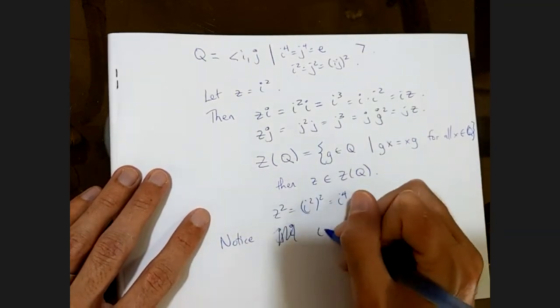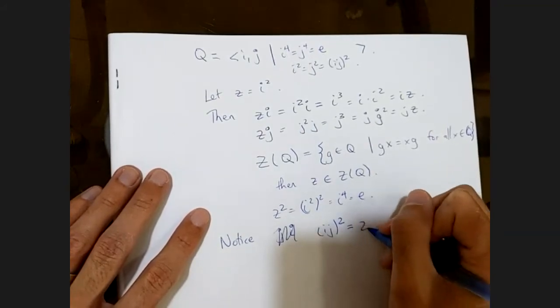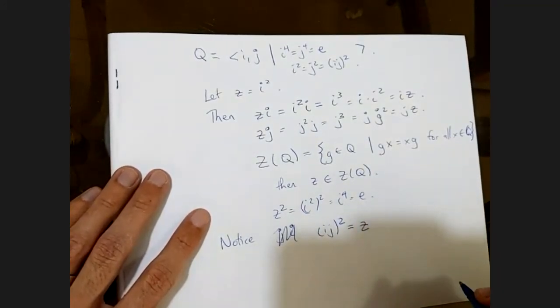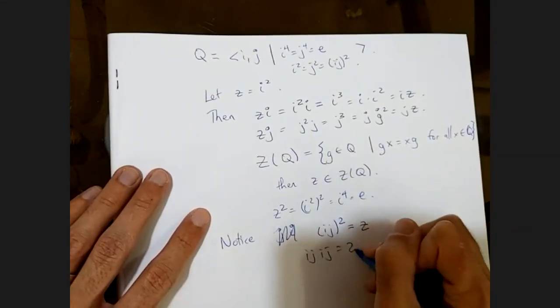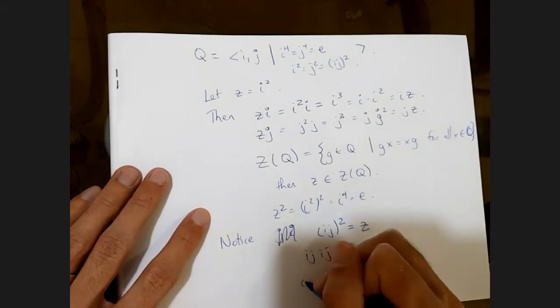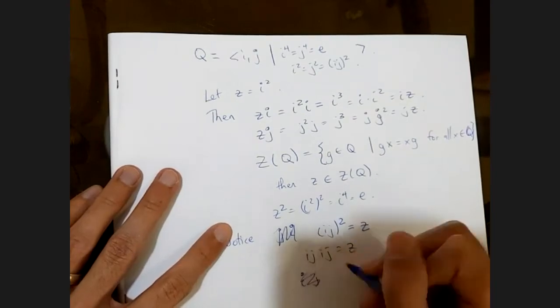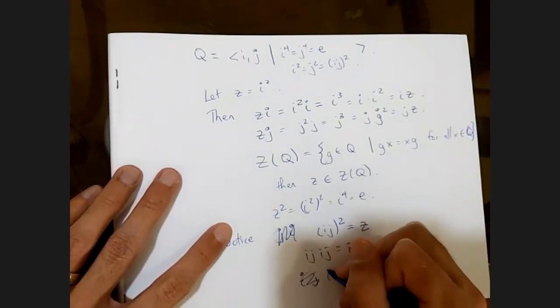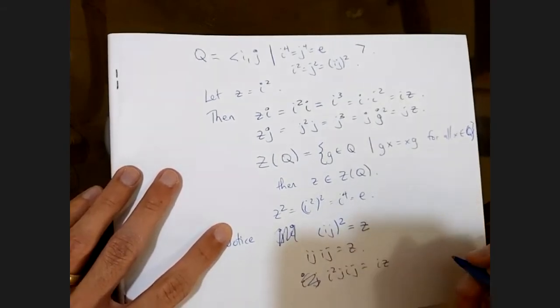So IJ squared is Z. That means IJ IJ equals Z. So multiply on the left by I, you get I squared J I J equals IZ.